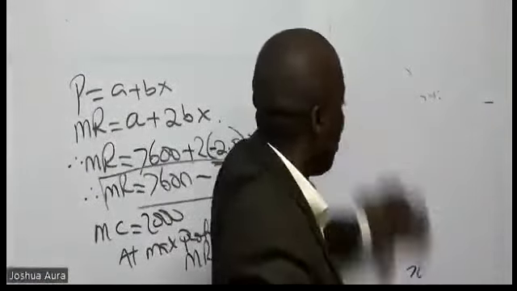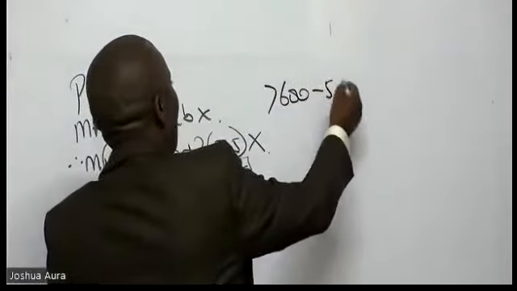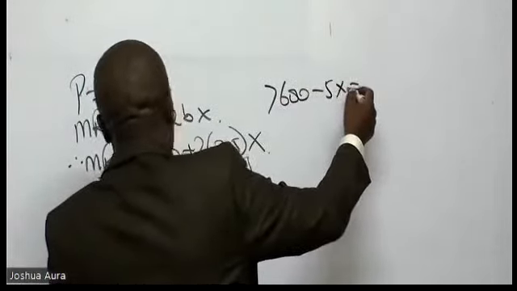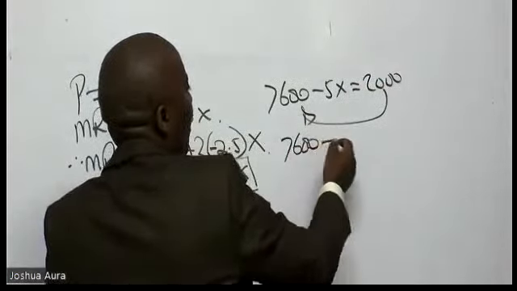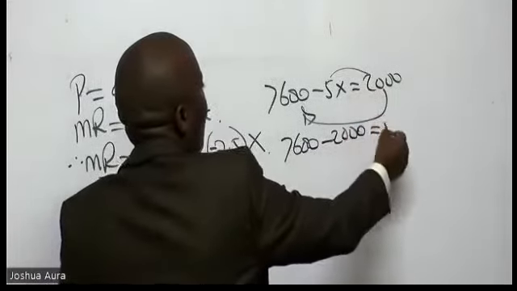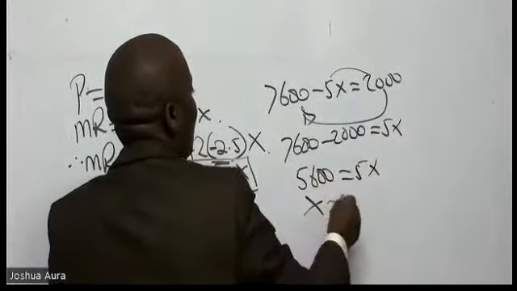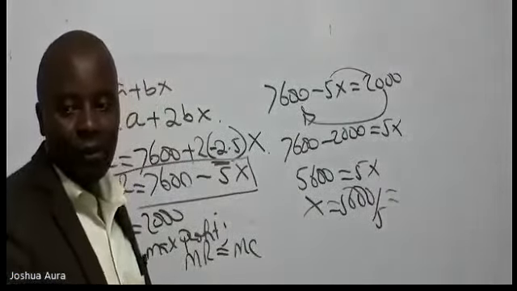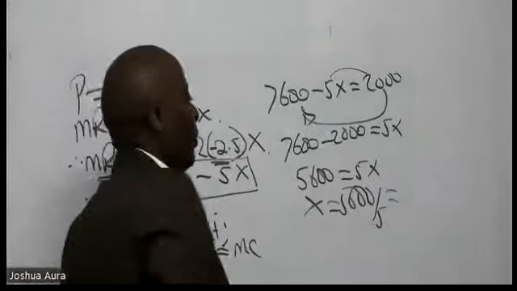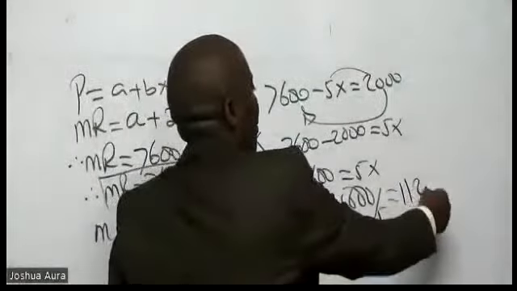Marginal revenue is 7,600 minus 5X, which should be equal to marginal cost of 2,000. So 7,600 minus 2,000 equals 5X. So 5,600 equals 5X. X will be 5,600 over 5, which is 1,120. X is 1,120.